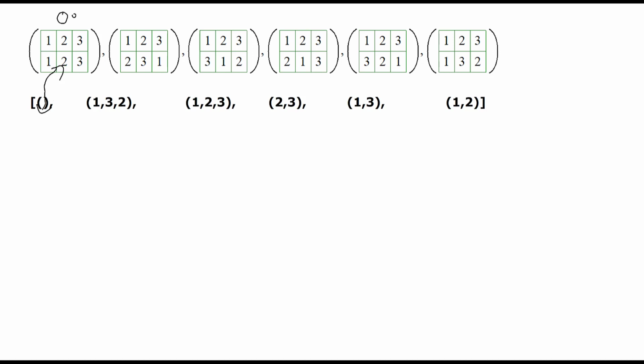Now here, for this one, the permutation that they are showing is a cycle, that is, all these elements are moving cyclically. So 3 will move under 1, so I get a 3 here. 2 will move under 3, so we have a 2 here.